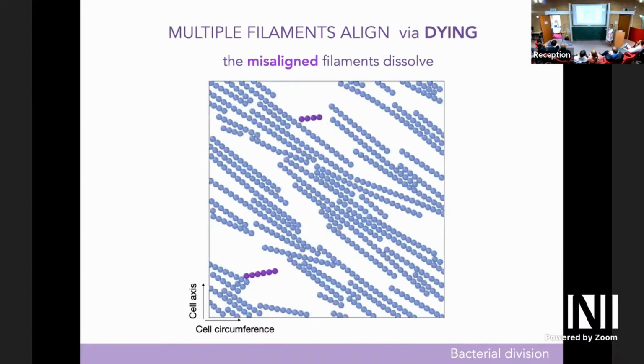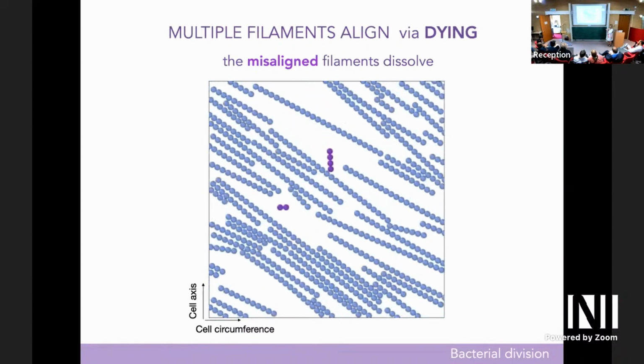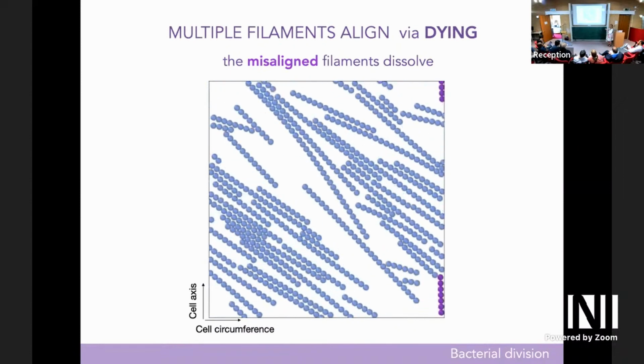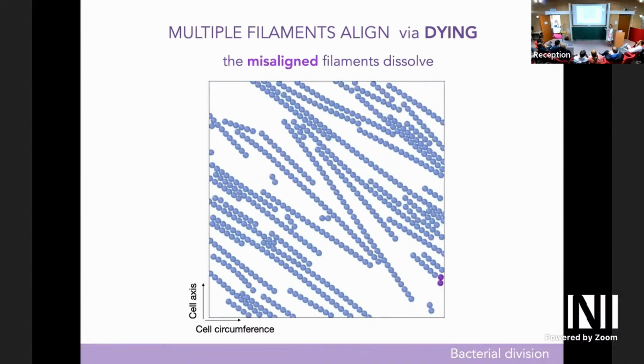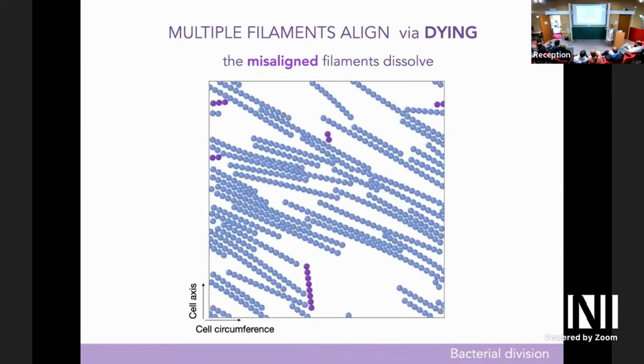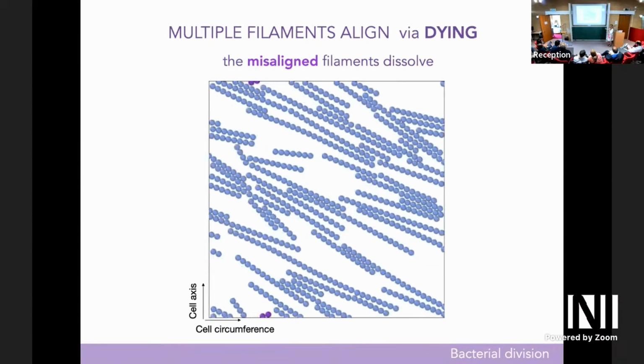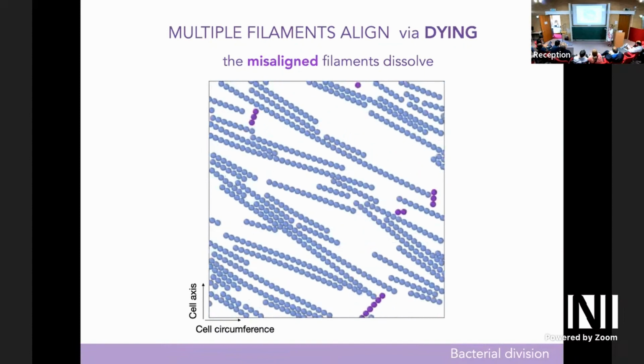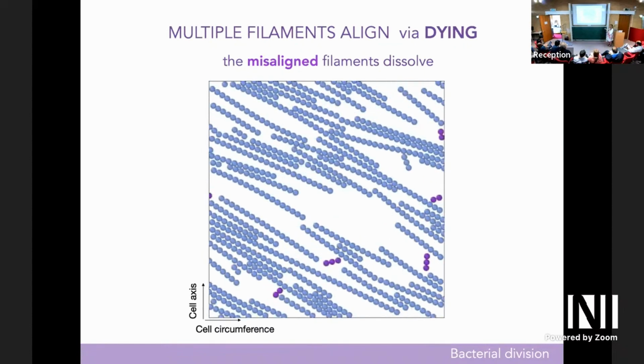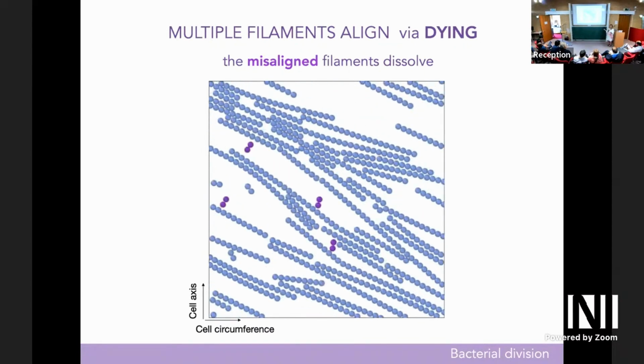So the filament cannot bend to make space for another monomer to fit in. But it can still shrink, right? So you get a mismatch now. The filaments that are under an angle to their neighbors shrink faster than they grow. And what that will lead to eventually is that only those that are aligned survive.